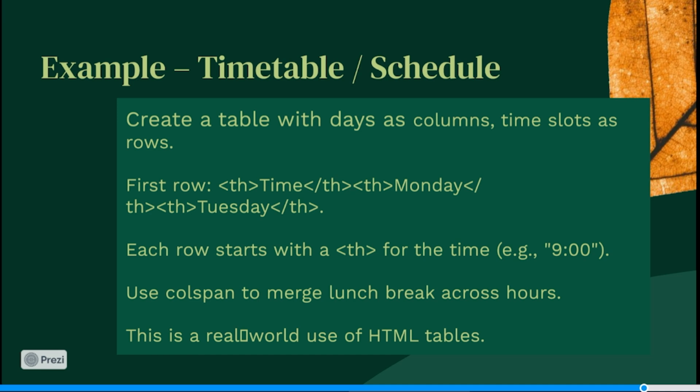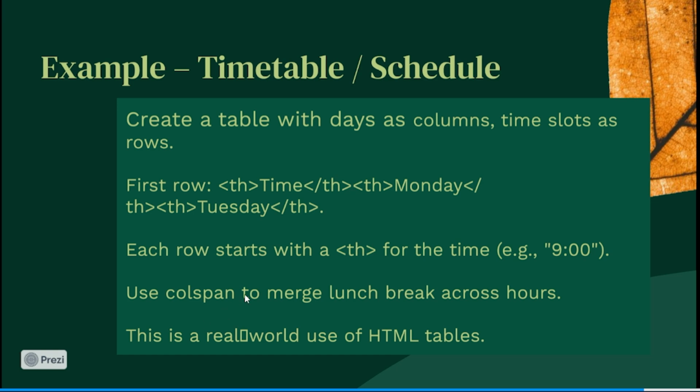Each row starts with th, for the time example, the 9 o'clock. Use colspan to merge the lunch break across the hours. This is the real-world use of an HTML table. Okay. You can pause the video. You can try this code.